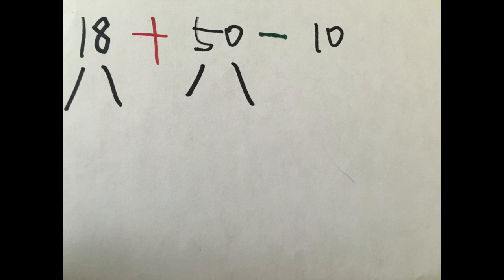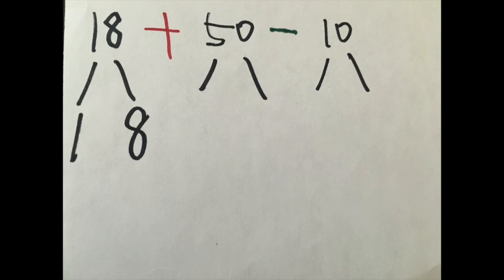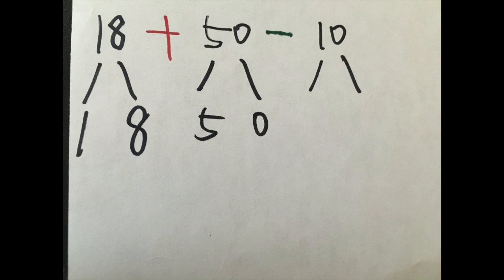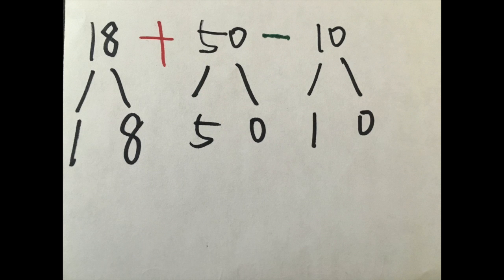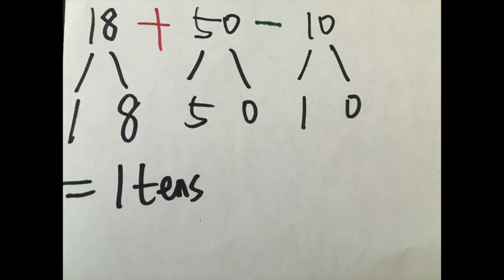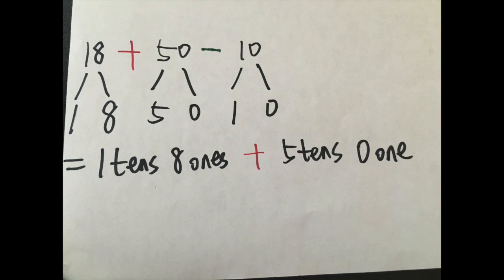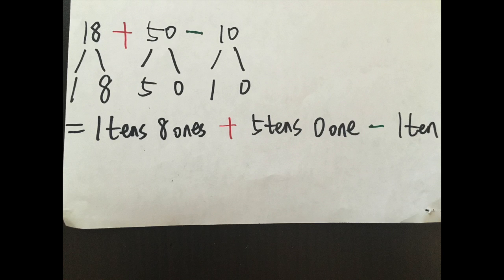Also, as we did before, we divide 18 into 1 and 8, and then we divide 50 into 5 and 0, and finally we divide 10 into 1 and 0. After doing this, we get 1 ten, 8 ones, and 5 tens, 0 ones, and 1 ten and 0 ones.